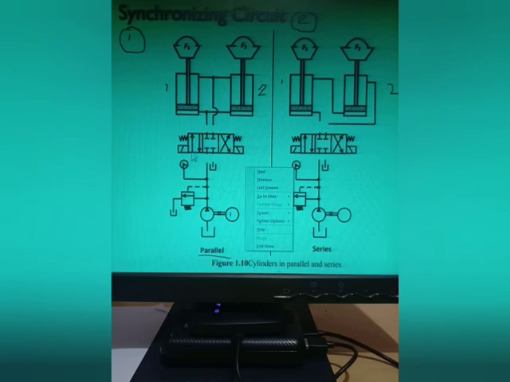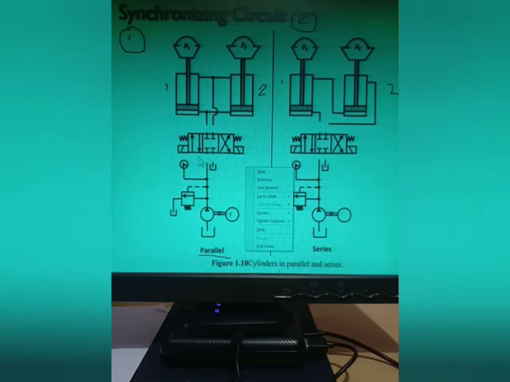In position number 1, P will be connected to the A end of the actuator, and the B end of the actuator will be connected to the reservoir. In position number 2, the pump will be connected to the B end of the actuator, and the A end of the actuator will be connected to the reservoir. In the central position, all ports of the direction control valve are closed.